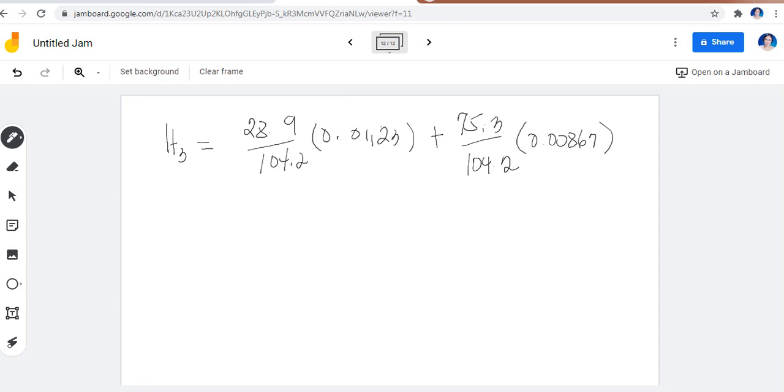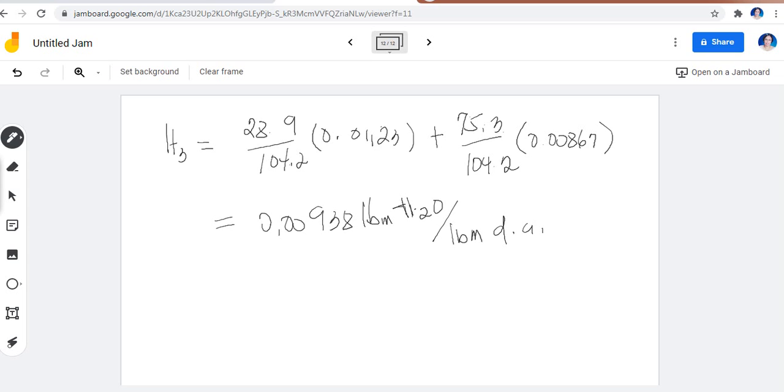Okay, so if you're going to do that, you do the math. Your H3 here will have a value of 0.00938 pound mass H2O per pound mass dry air. Okay, that would be for our H3.